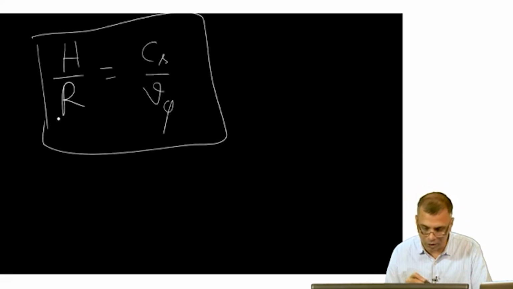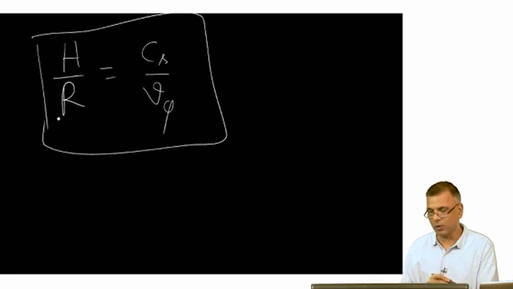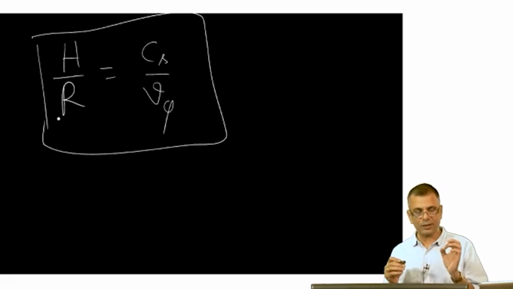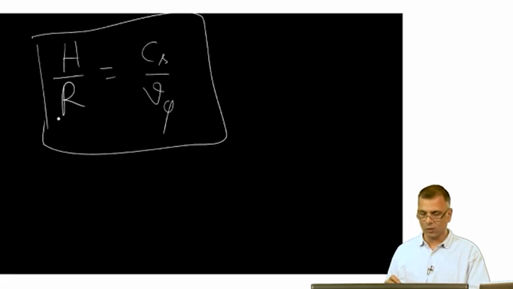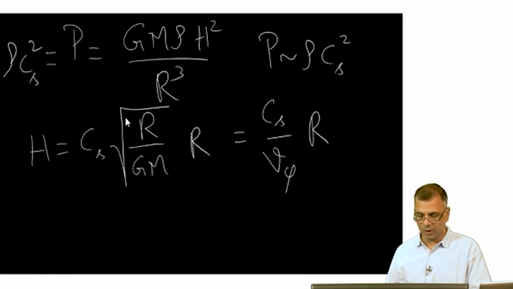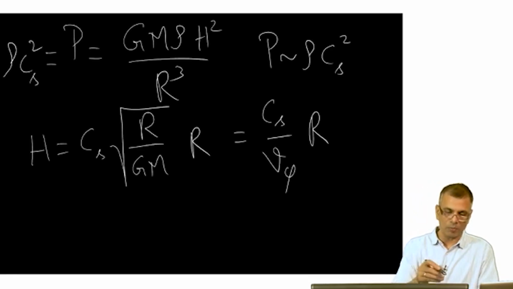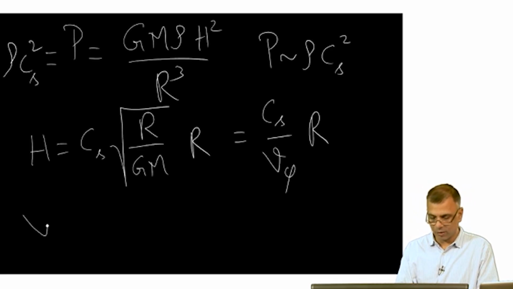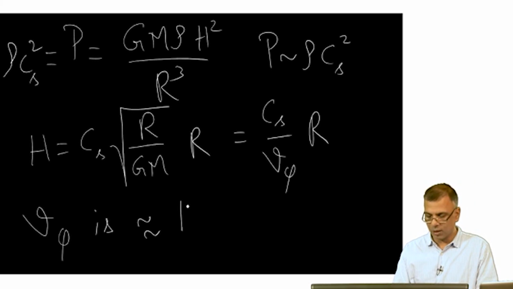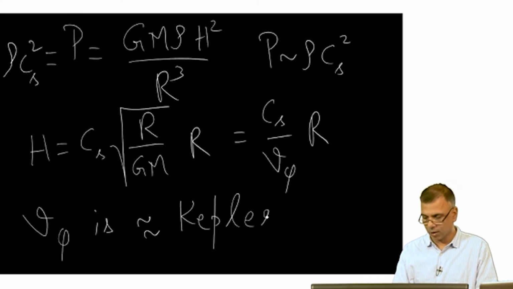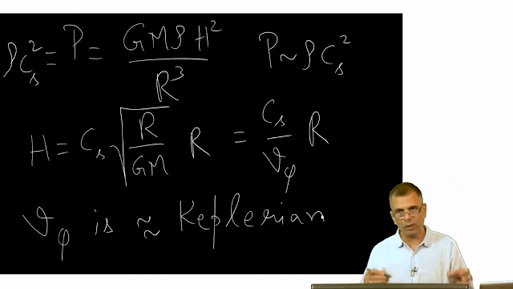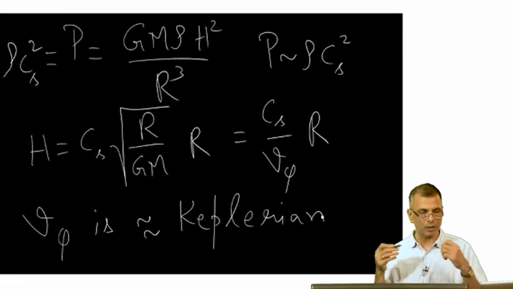If h over r is small, that means the disk is thin. The other thing, of course, is we are assuming that this is indeed v phi. In other words, the disk is indeed quasi-Keplerian. So here we are implicitly saying that v phi is very nearly Keplerian. This is where we make the assumption of a quasi-Keplerian accretion disk.